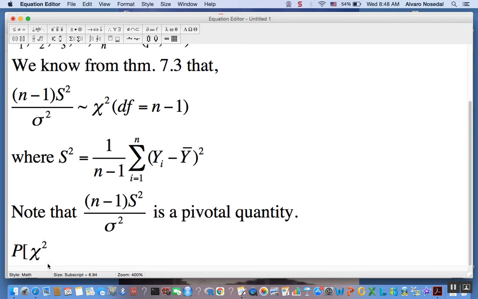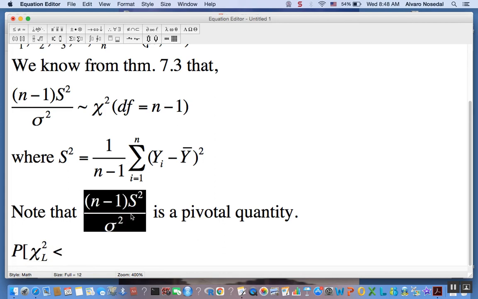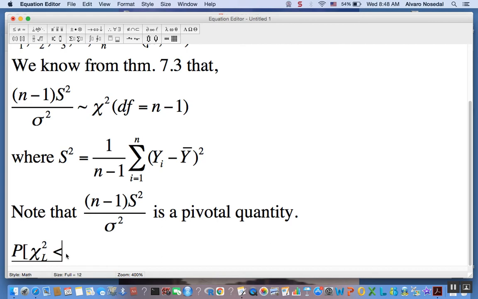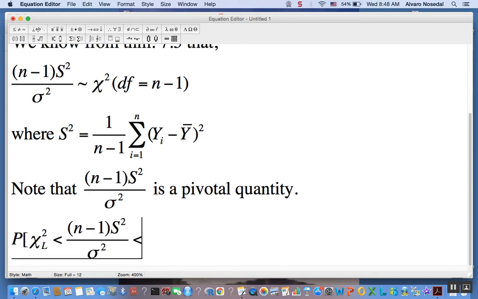Let me call this guy chi-square sub L and chi-square sub U. That's going to be the other one. And they represent the lower and upper limits.